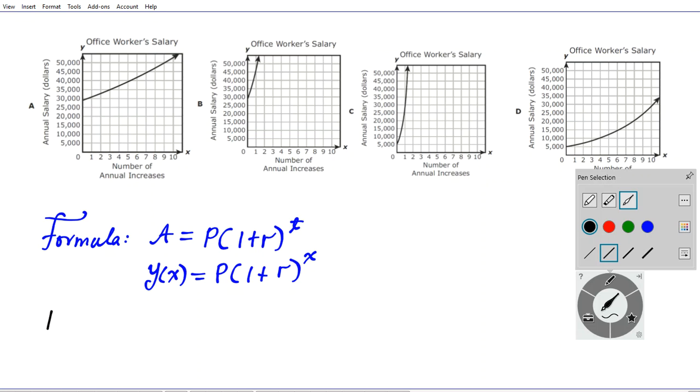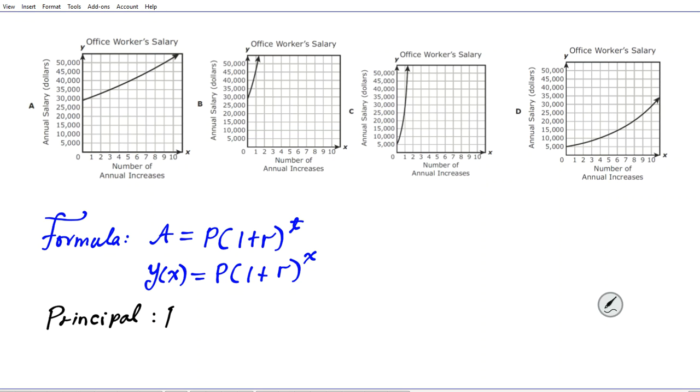The starting amount is the principal, P. The principal is what you start with, so the starting annual salary of the office worker is P, which is 29,000. The rate of increase is our r value, which is 6.2%.